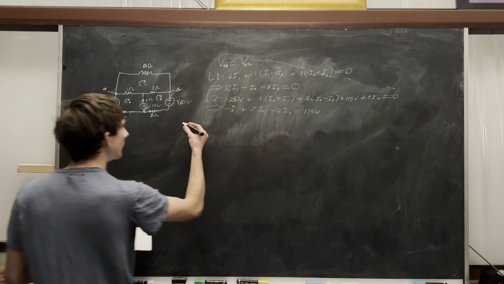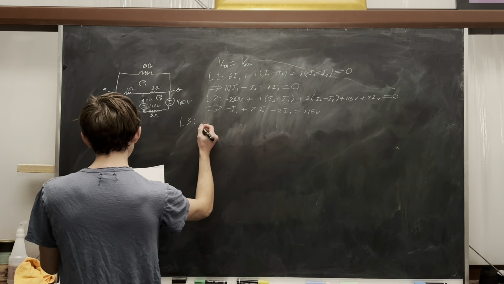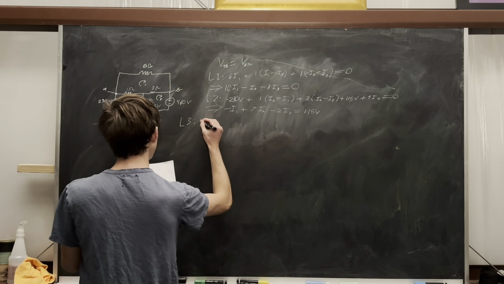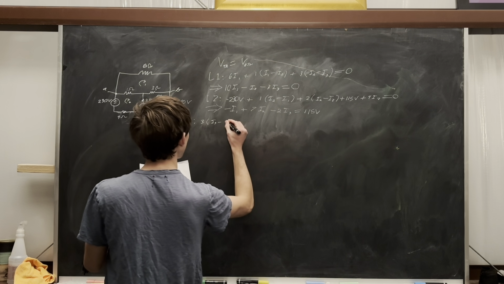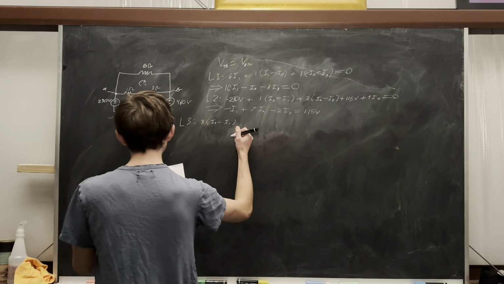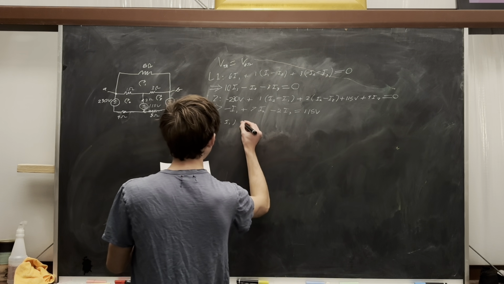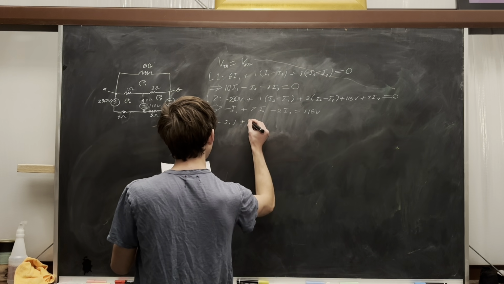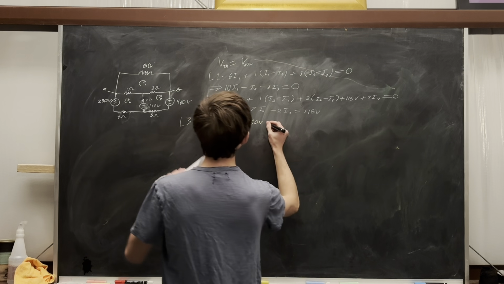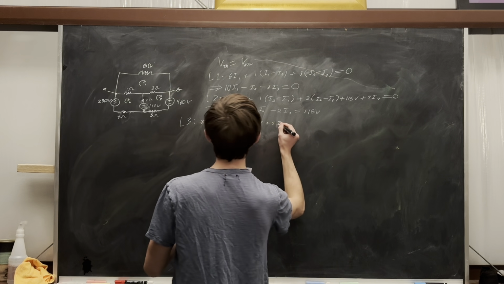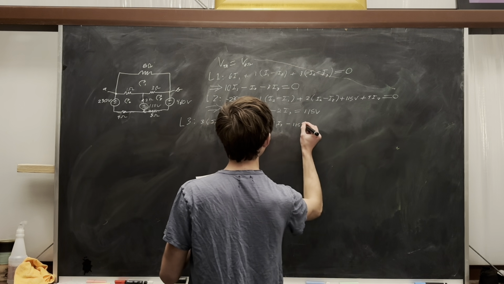And then for loop 3, let's see, you have 3 times I3 minus I1, plus 460 volts plus 5I3 minus 115 volts.